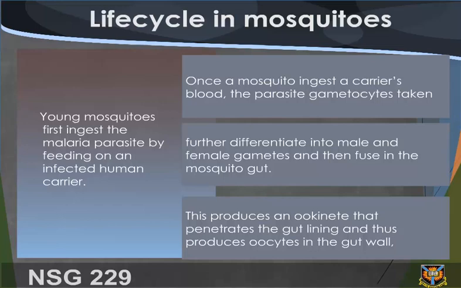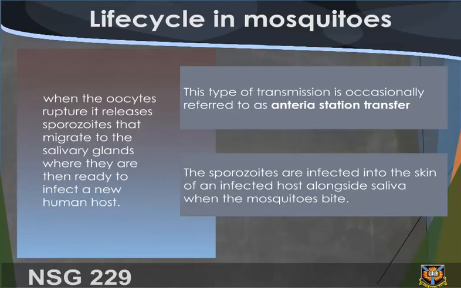This produces an ookinete that penetrates the gut lining and thus produces oocysts in the gut wall. When the oocysts rupture, they release sporozoites that migrate to the salivary glands, where they are then ready to infect a new human host. This type of transmission is occasionally referred to as anterior station transfer.